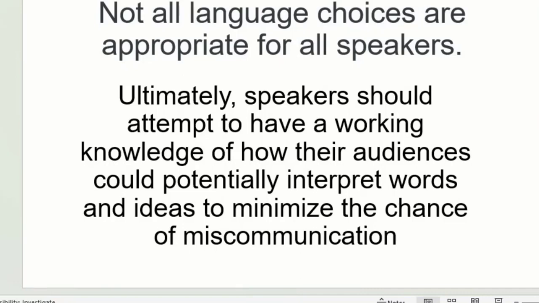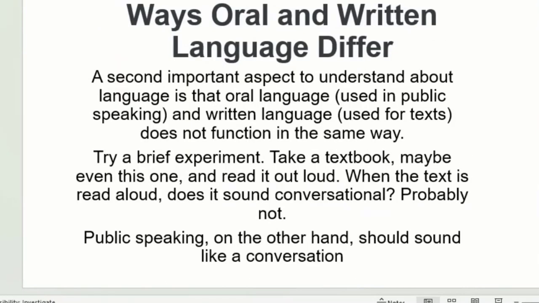This overlaps from yesterday's lesson that there is this problem of interpretation of words and ideas. So when you have a working knowledge of your audience, you are able to come to their level, or at least make sure you don't offend them with what you want to say. Then I introduced ways oral and written language differ.